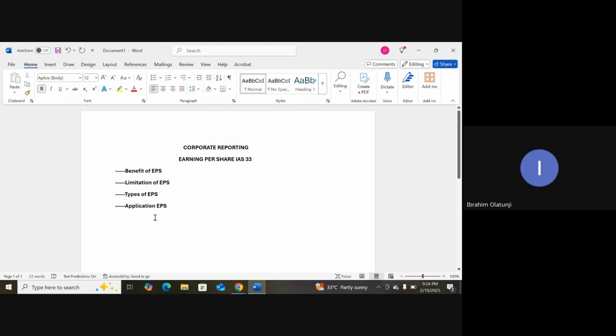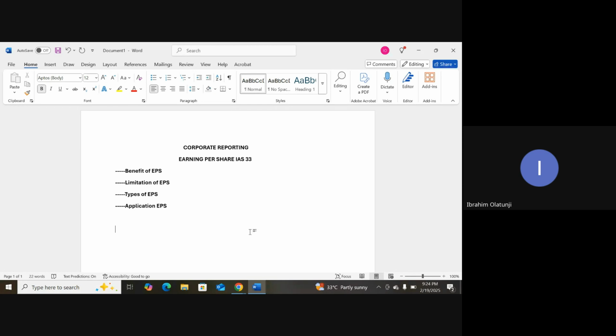Okay. I said application of earning per share. According to IAS 33, which is earning per share, it is only applicable to companies that are listed or quoted on the stock market.